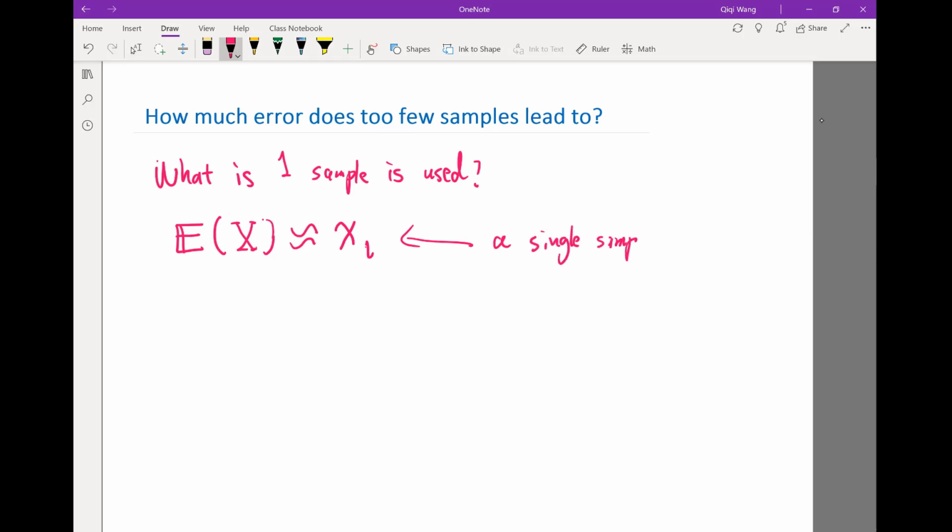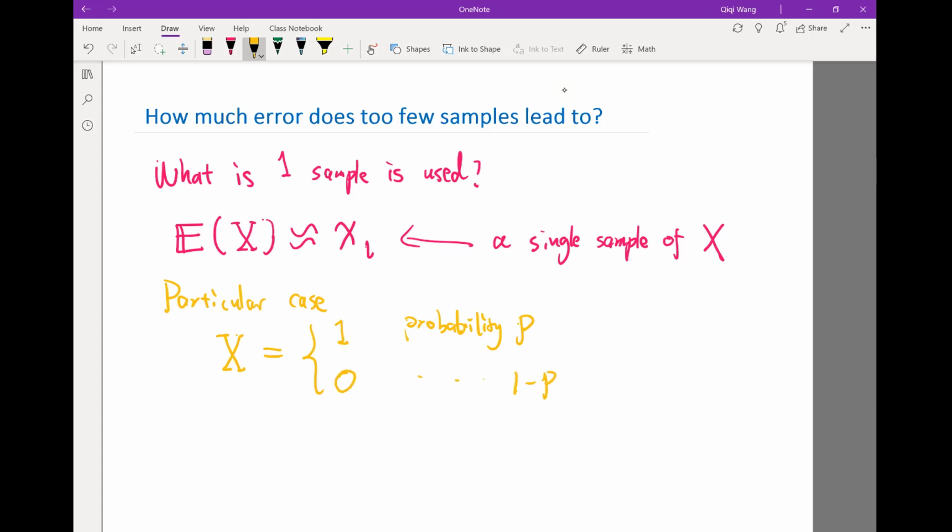In the last lecture, we were dealing with a particular case where X is a 0 or 1 random variable. It is equal to 1 with probability p, and 0 with probability 1 minus p.